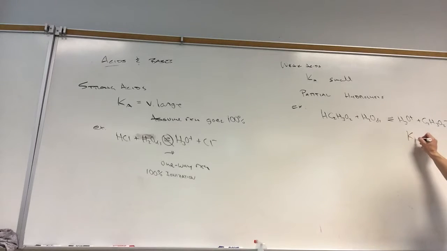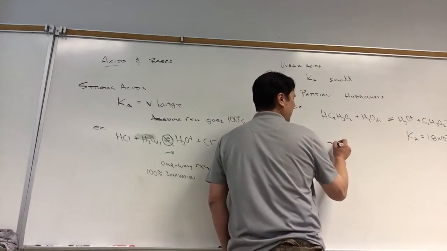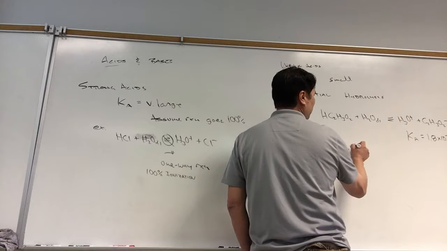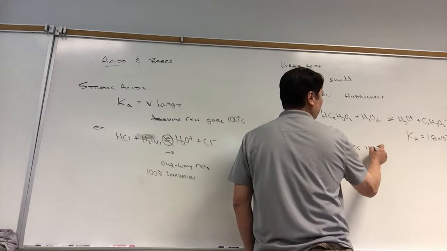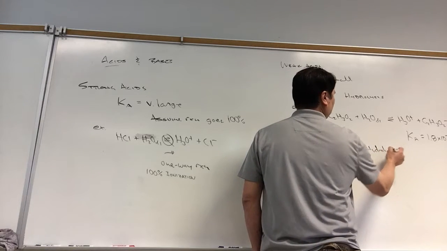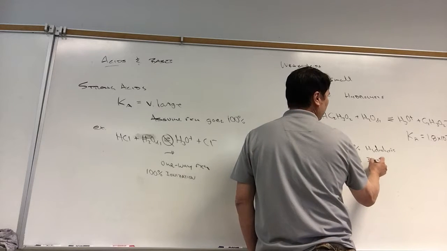The Ka for this reaction is 1.8 times 10 to the minus 5. And so what this translates into is about 0.1% hydrolysis, roughly 0.1% ionization.